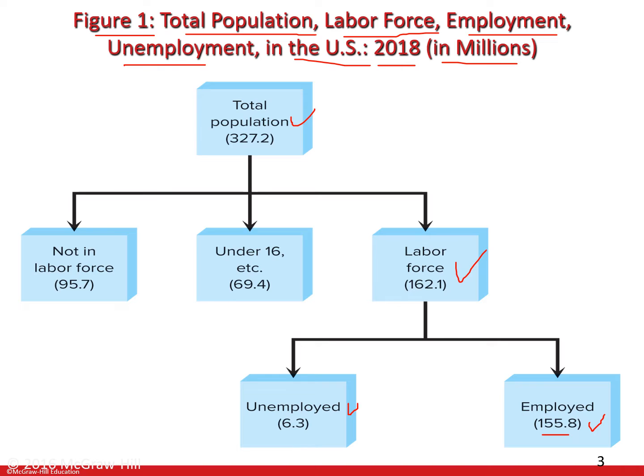To compute the unemployment rate in the US in 2018, you take the 6.3 million, the number of people who are unemployed, divided by the labor force, which is 162.1 million, and you multiply by 100 to have the result in percent.